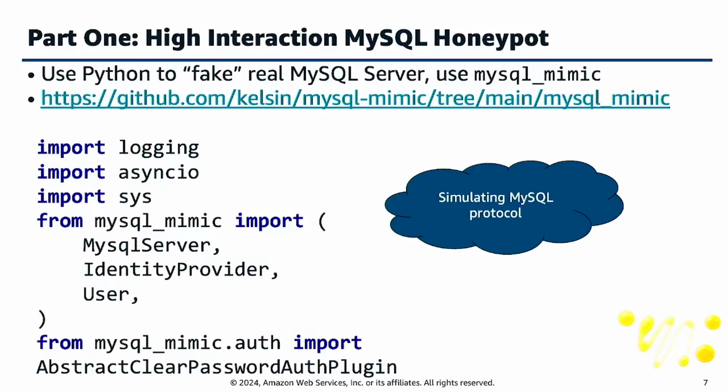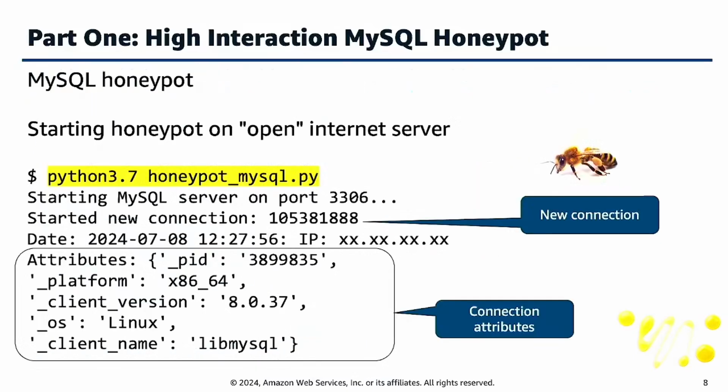It's very easy to use, and it supports a lot of things. It supports SSL, it supports the MySQL protocol packets, and it gives you lots of control over what you can do. So we started with this, with a high-interaction MySQL honeypot running on a well-known port.